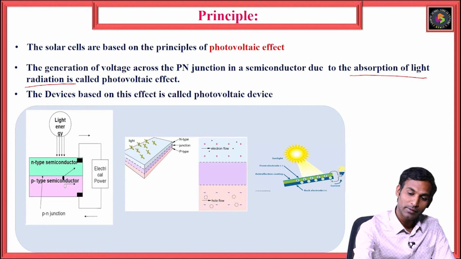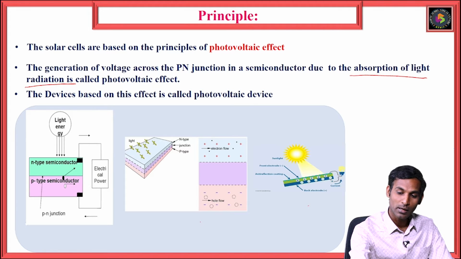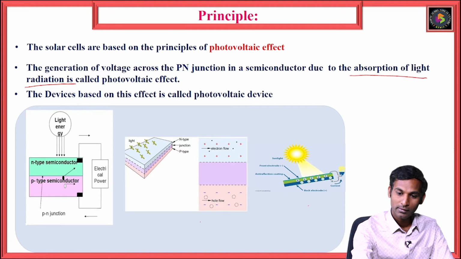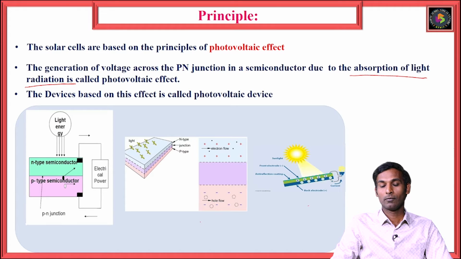In this diagram, figure 1, figure 2 and figure 3 indicate that the absorbed light radiation is the input energy, and the output energy is the electrical current that will be generated. That's why it is said to be the photovoltaic effect.